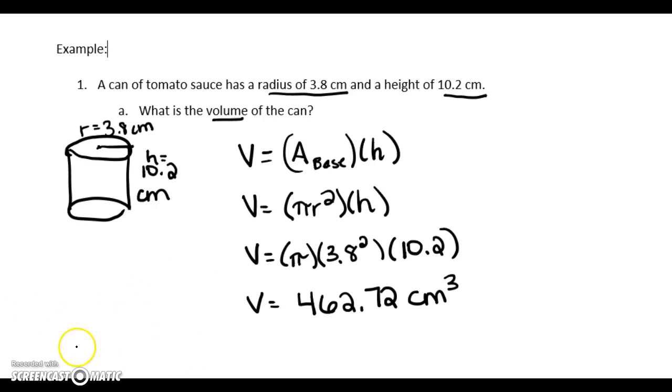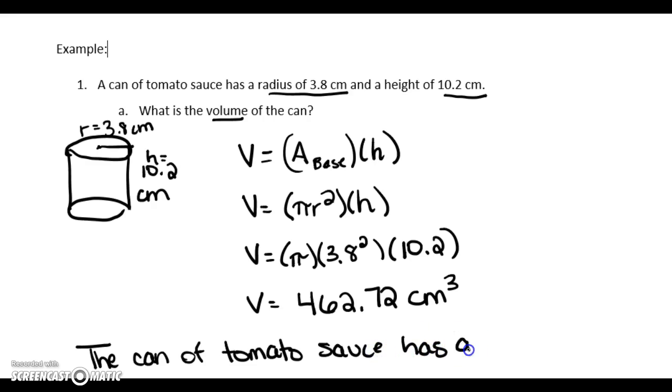So you could say the can of tomato sauce has a volume of 462.72 centimeters cubed. Once you've got that, we're ready to move on to part B.